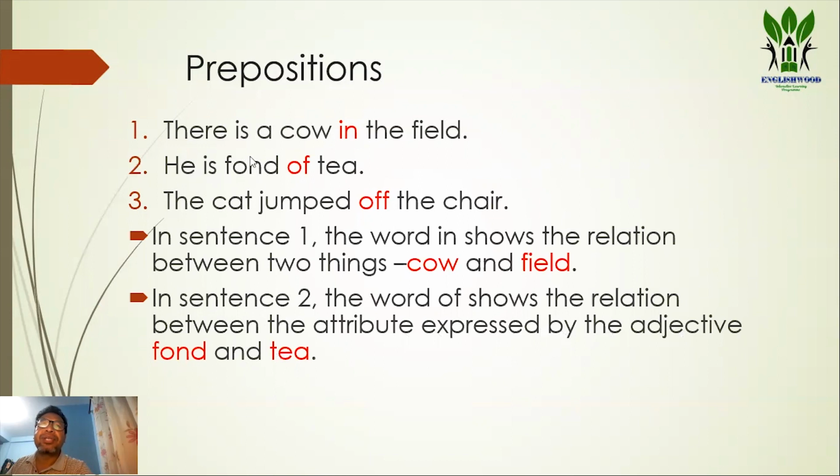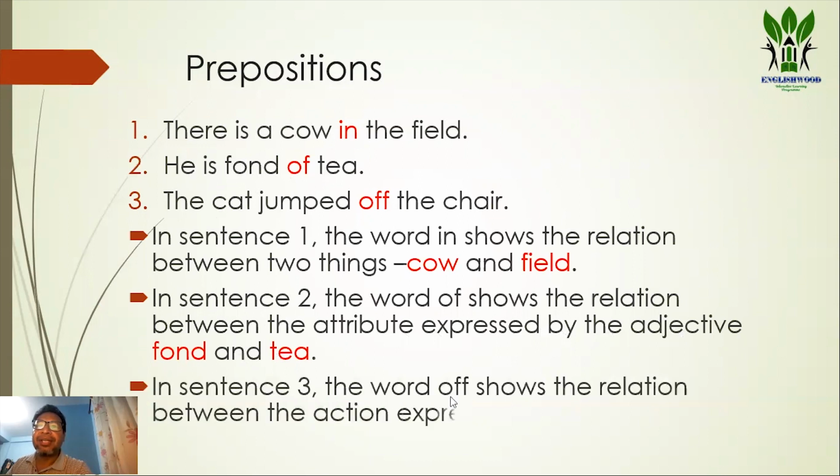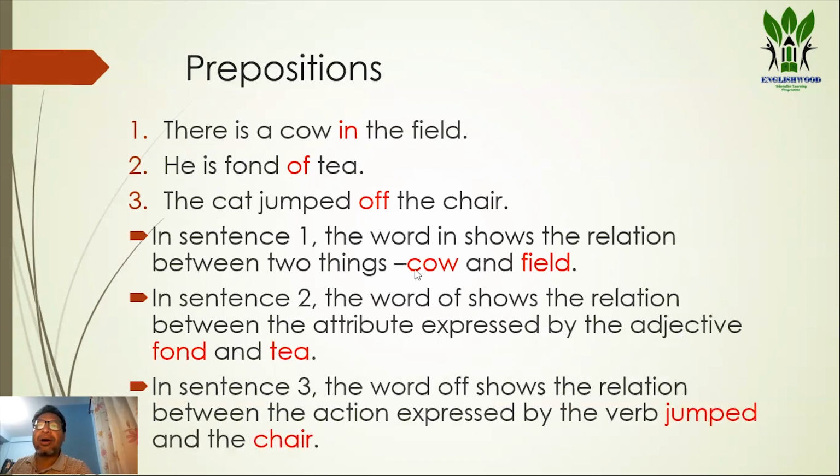So also the relationship between fond and tea, and finally a relationship of pronoun. In sentence three, the word off shows the relationship between the action expressed by the verb jumped and the chair. Finally, noun and noun.